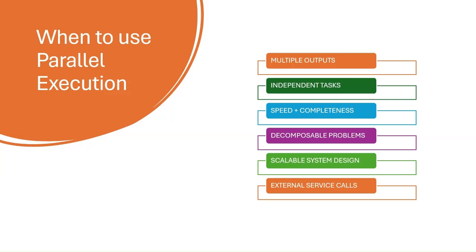It is also highly beneficial when interacting with external systems like APIs or databases, where handling multiple requests concurrently improves overall efficiency. Parallel execution is ideal for problems that can be broken down into smaller components and is well suited for building scalable systems. Additionally, it is a good choice when partial results are acceptable, when leveraging multi-agent or ensemble approaches, and when different tasks require specialized models, prompts, or configuration.